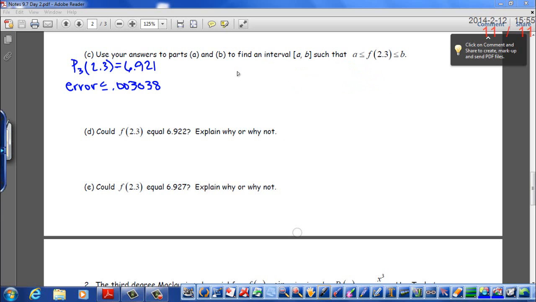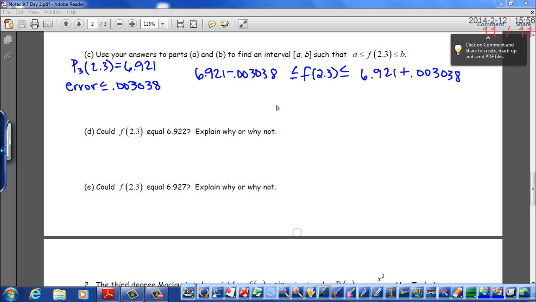So f of 2.3 is somewhere in between my approximation minus my error and my approximation plus my error. So 6.921 minus 0.003038 and 6.921 plus 0.003038.